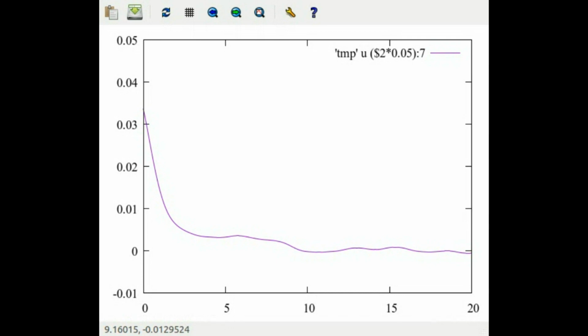The way you calculate the velocity autocorrelation function is quite literally by taking the dot product of the velocity at some time 0 versus the velocity at some time t. And then you average that over all particles, and you average that over all atoms.